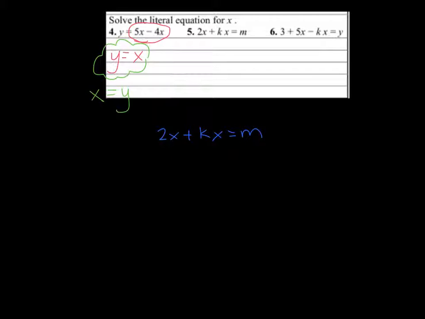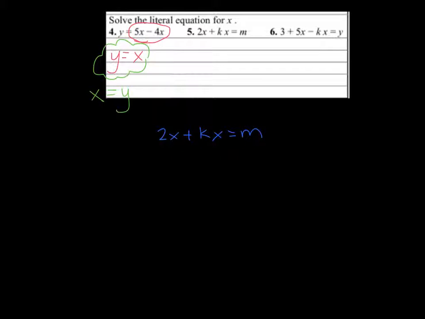So if you think about it, 2 times x plus k times x, well, they're both being multiplied by x. And we talked about the distributive property last week. So what if we undo the distributive property? Well, the inverse of distributing is called factoring.